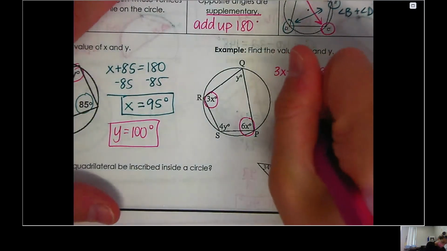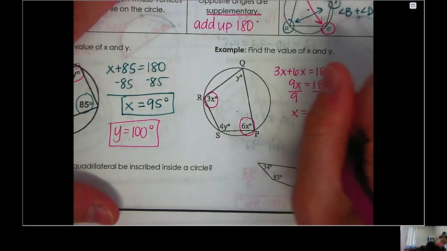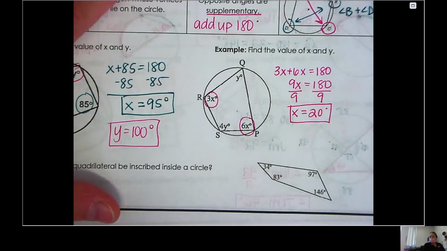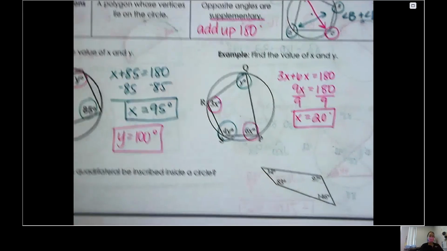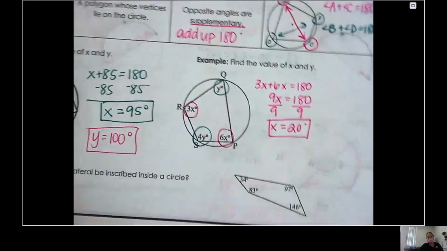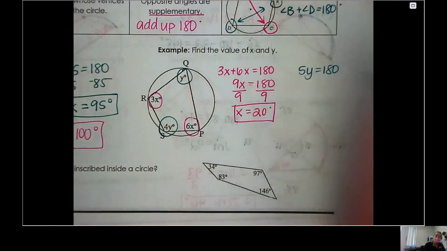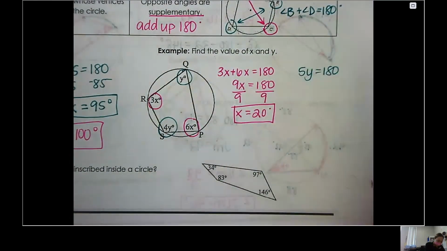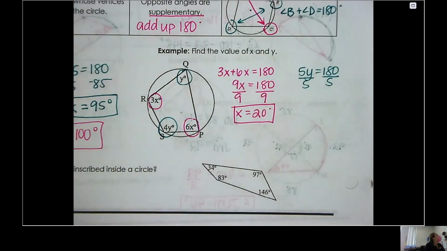Divide by 9. Good. x equals 20 degrees. And then what about my other two? What's the equation? Yep. 4y plus y gives you 5y. 5y equals 180. And then you divide by 5. Good.